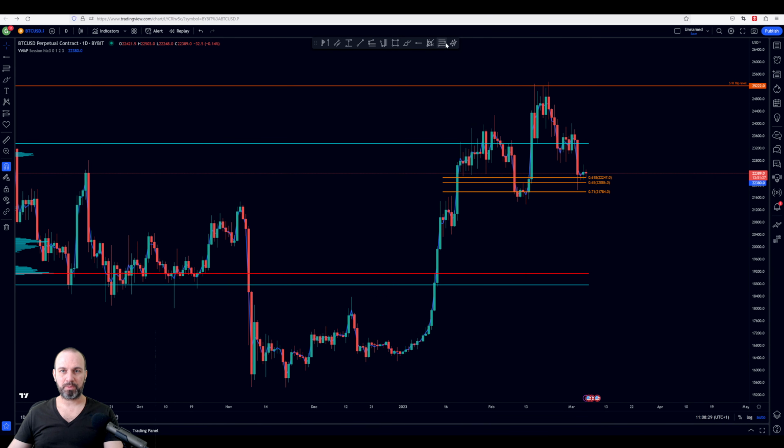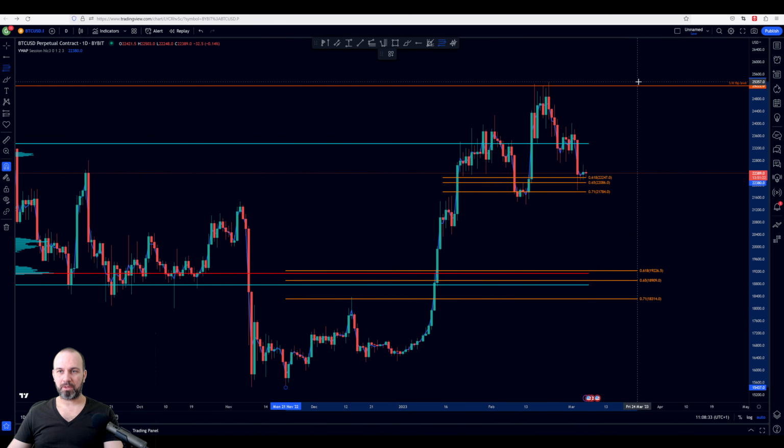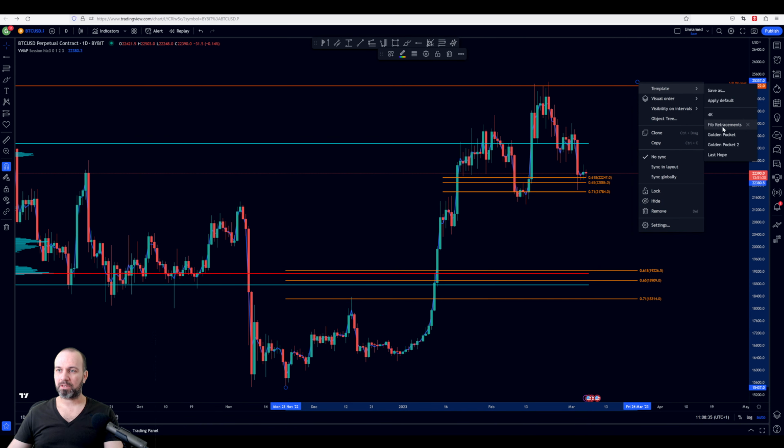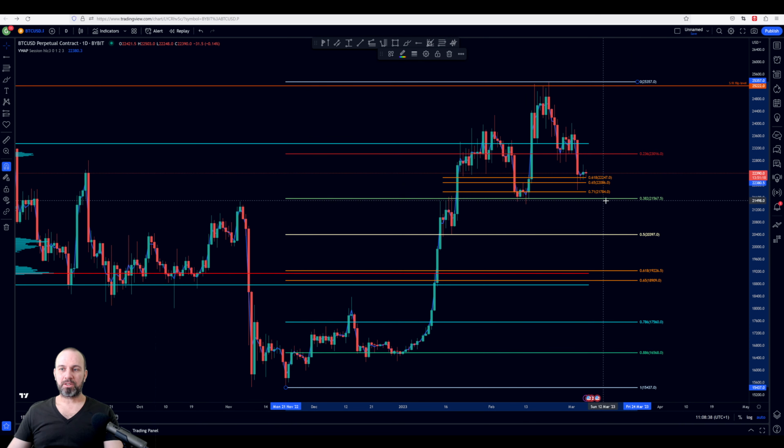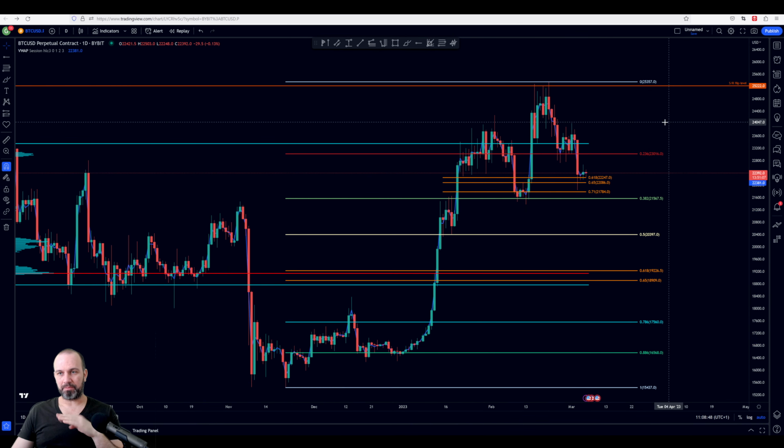Also, I would like to pull a fib from, obviously, low to high, and for that I would like to enable this. So we do have the 382 level here, just below, somewhere around this low. Currently, yes, we do have the bearish part, which is after the swing failure pattern, the price got acceptance back into the value area of this range, changing market structure on daily time frame.